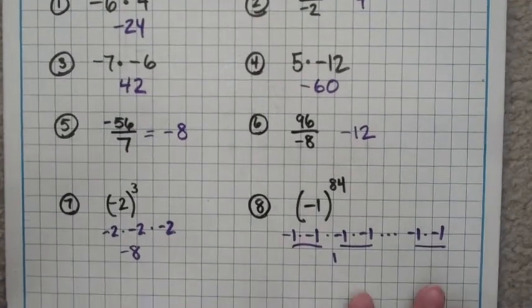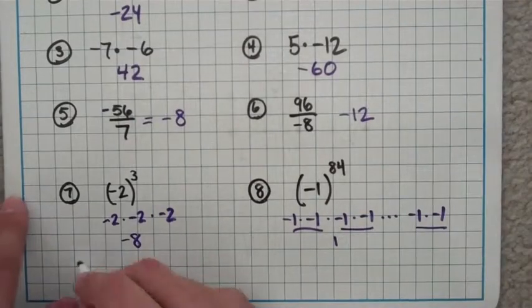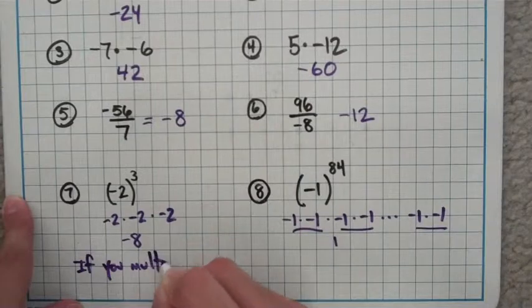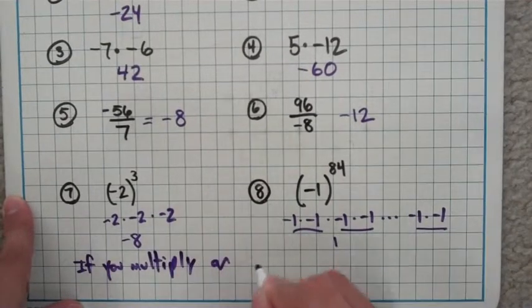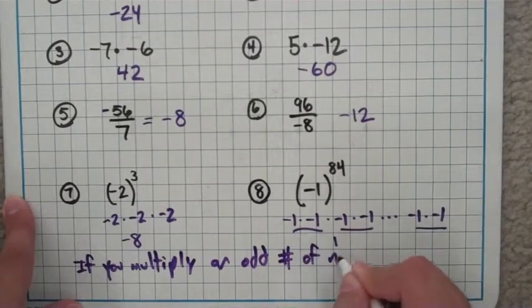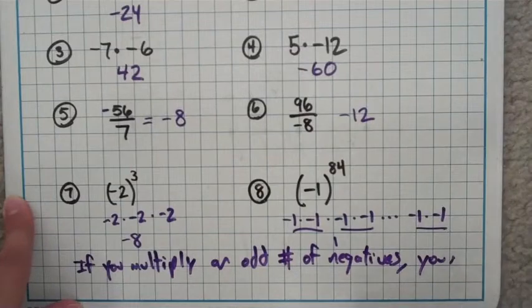Now that right there is actually something worth writing down as a little note for yourself. If you multiply an odd number of negatives, your answer is negative.